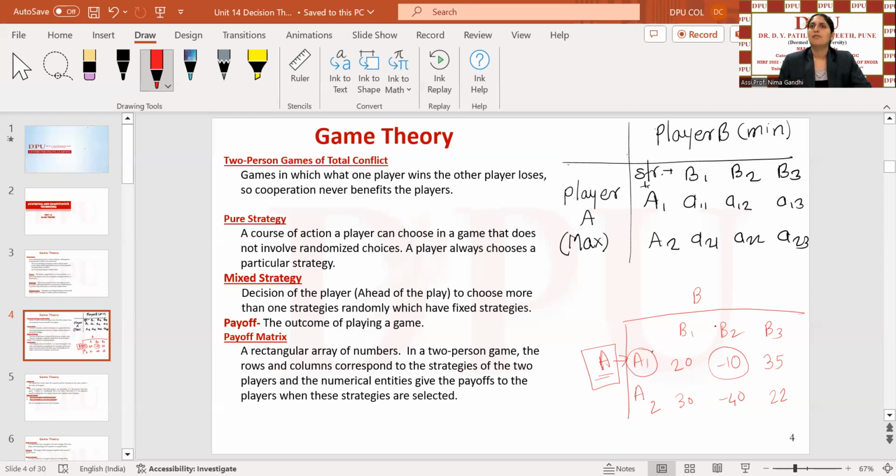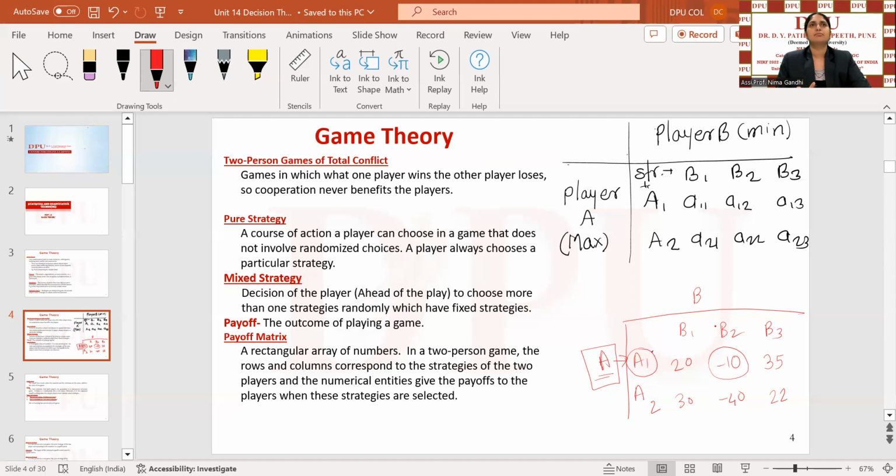If A comes up with A2 and B with B2, B is making a profit here. They don't know in advance. So this is how we can interpret the payoff matrix.